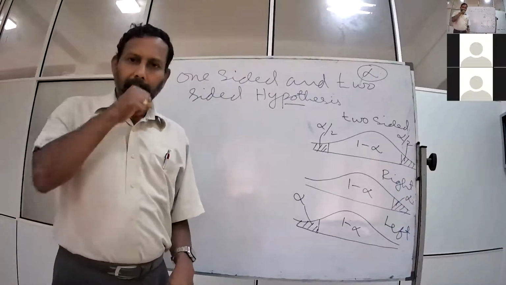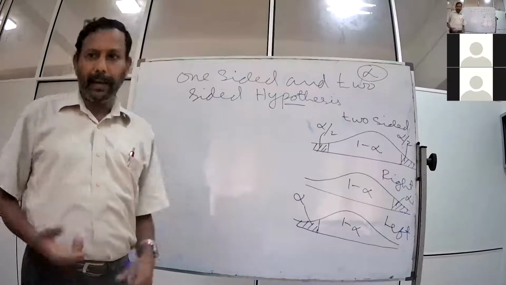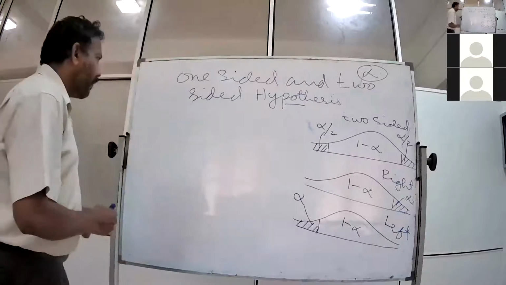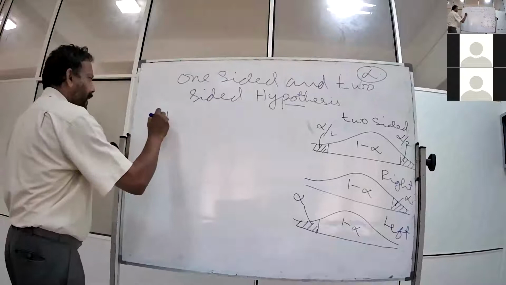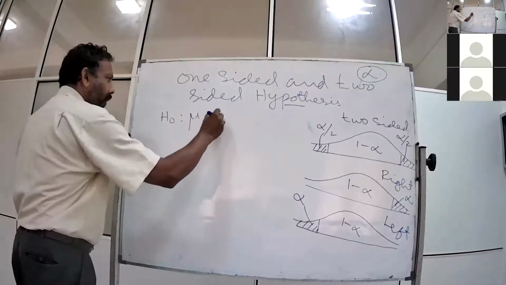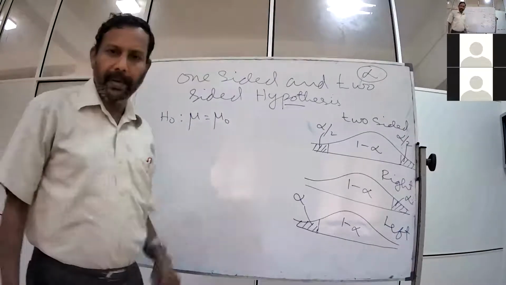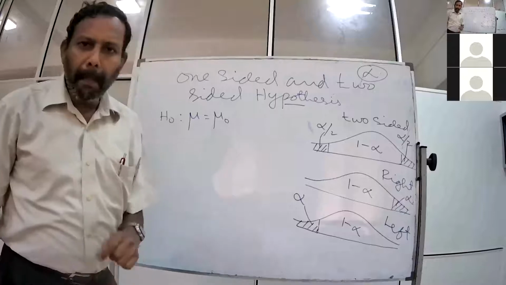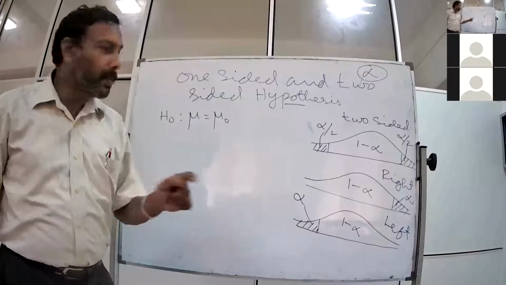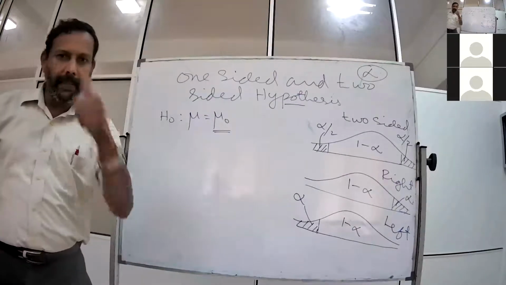Somebody asked before starting the lecture, so we are coming to that. Right, now, if my null hypothesis is mu equals mu naught, so mu naught is the mean value of the reference population.